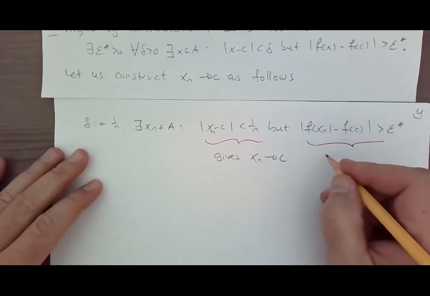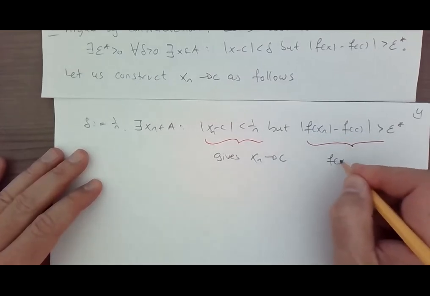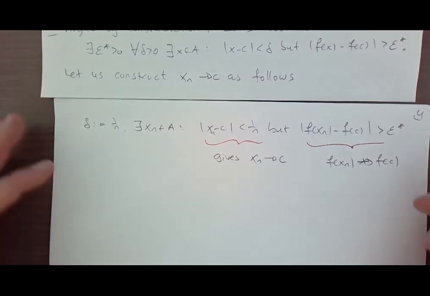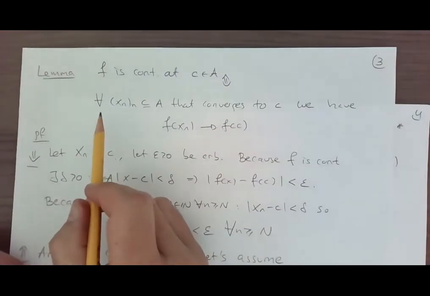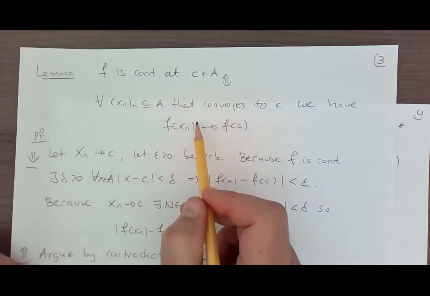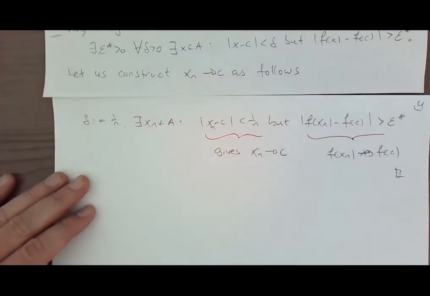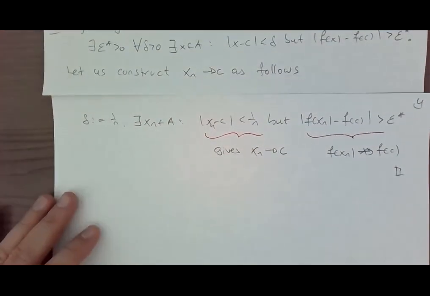This means that f of xn does not converge to f of c. But that's a contradiction, because this was to be true for any sequence that converges to c. So this is the way that Abbott does it.